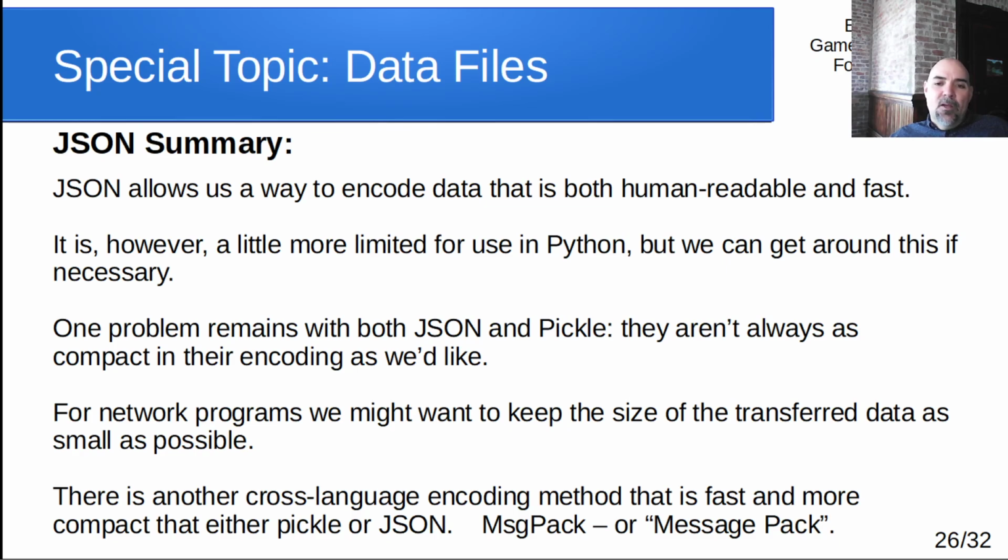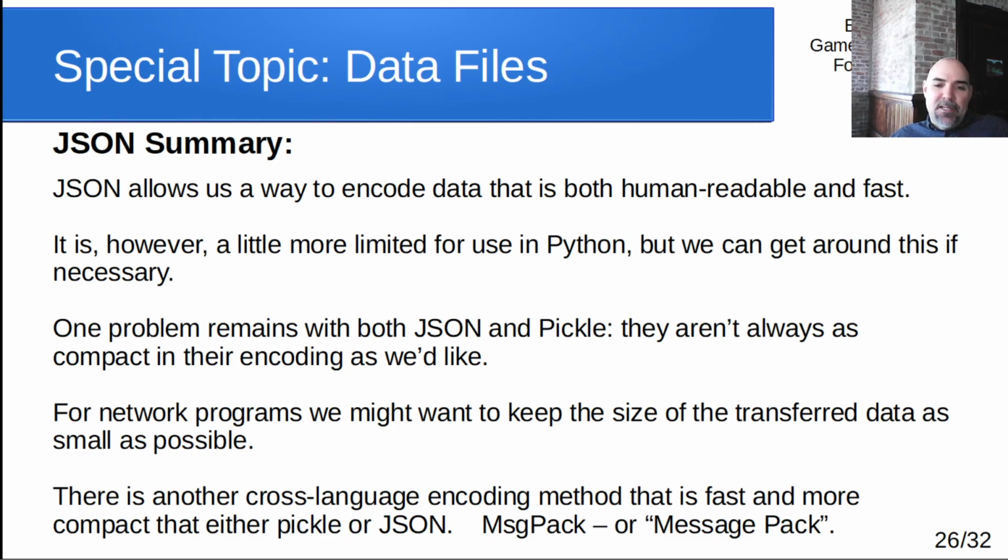Now, one problem that remains with both of those, they aren't really as compact as maybe we'd like, especially for network programming. If we're writing a network program, it's really important to keep the size of the data traveling across the network as small as possible. And neither JSON nor Pickle were designed to be compact and use a small amount of space. So one thing that I want to look at today, I'm just going to present this briefly, is a library I like called MsgPack.